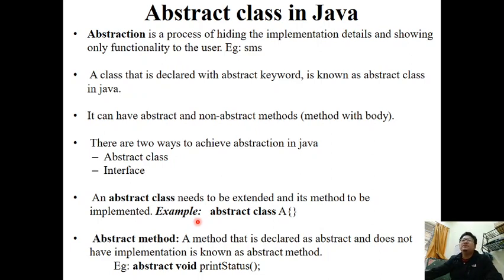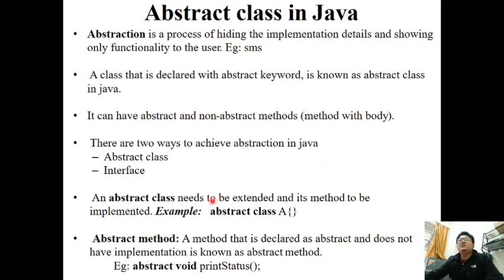How can you achieve abstraction in Java? With the help of the abstract class, you can achieve abstraction. Abstraction in Java can be achieved in two ways: one is the abstract class and one is the interface. We have a separate chapter on interface. Right now we only talk about the abstract class.